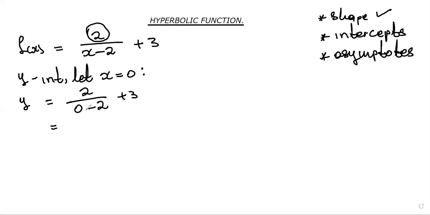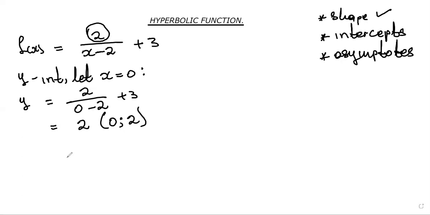So 0 minus 2 is negative 2. 2 divided by negative 2 is negative 1. Negative 1 plus 3 is just going to be 2. But in coordinate form, you'll say where x is 0, y is going to be 2.